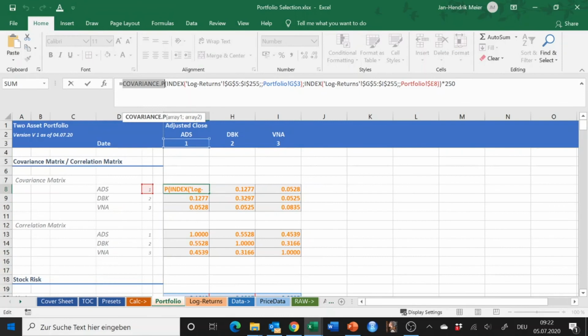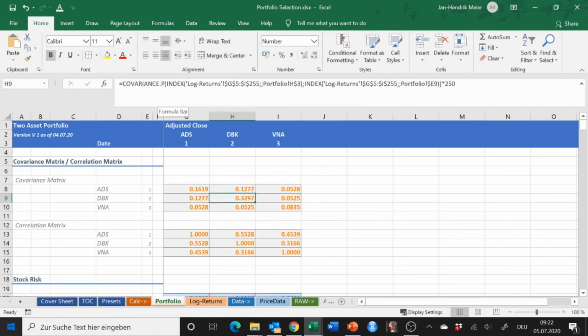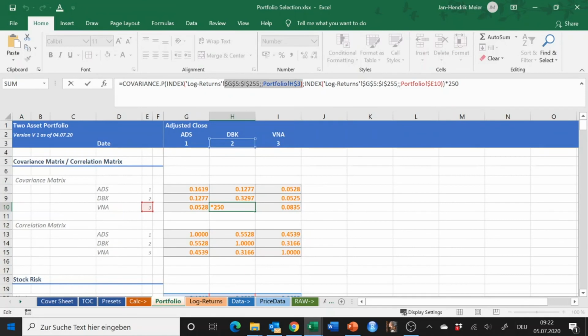But since I don't want to rewrite the formula over and over again, I indexed it. So for my covariance, I just go to another covariance, and I always apply the same command. It's always this INDEX, and the index is used two times: one time the index command and another time the index command. The index is also a kind of lookup command that looks up a range or an array.